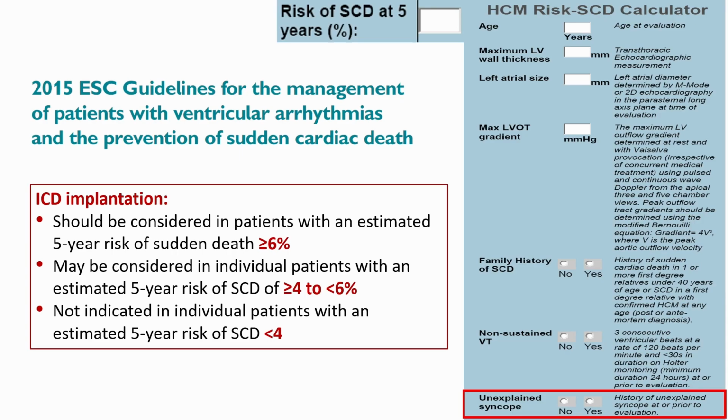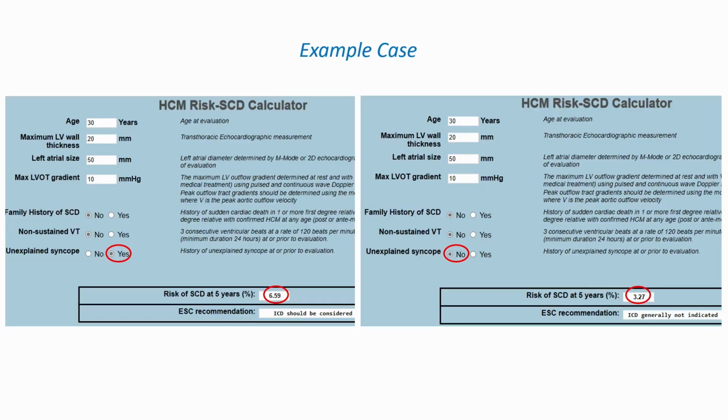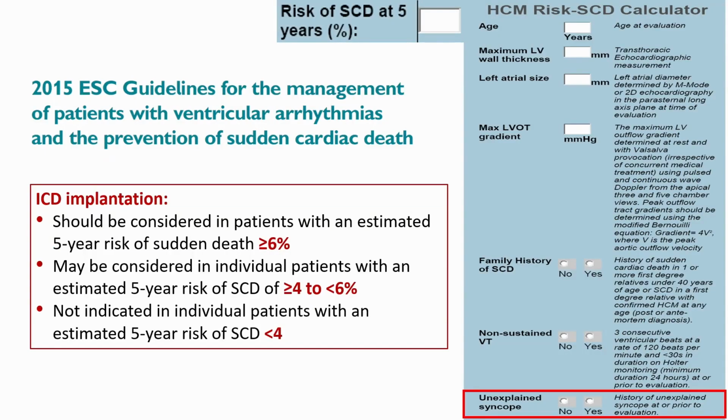As you can see, it is relatively easy to assign a score to the first 6 items. These are numbers: age, the thickness, left atrial size, and so on.